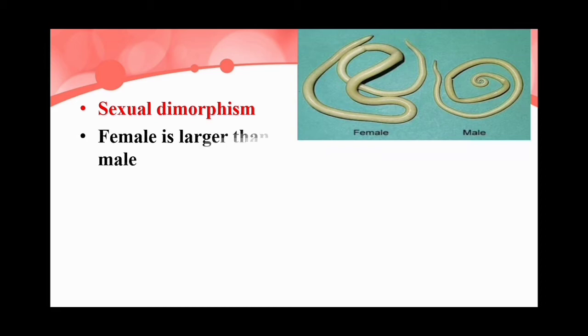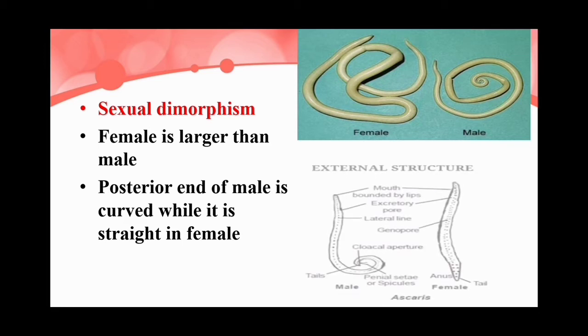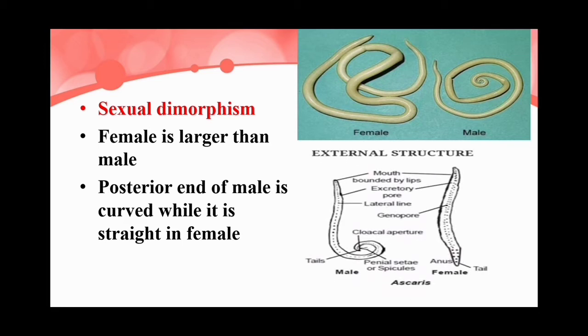The female is larger than the male. The posterior end of the male is curved, but the posterior end of the female is straight. The anterior end of both is straight. So from this, we can clearly identify which is the male worm and which is the female worm.